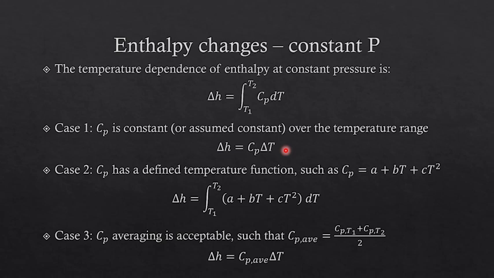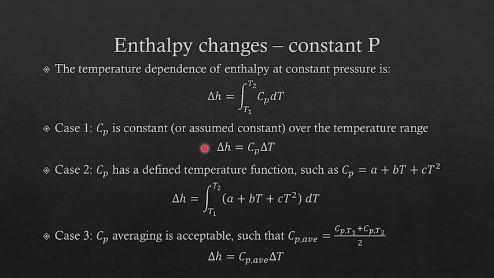But you have to be careful with case 1 because if you're assuming that Cp is constant, you have to make sure that over the entire temperature range, the heat capacity value will not vary considerably. For example, if your substance is air and you're integrating from 25 degrees Celsius to 50 degrees Celsius and you are using the constant specific heat at 25 degrees Celsius, that is okay.